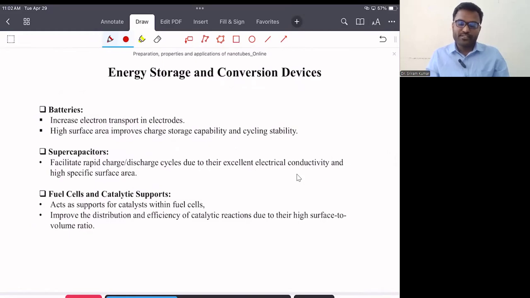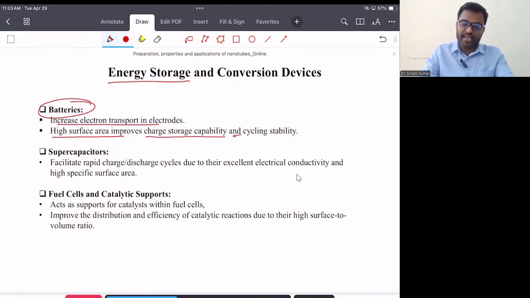So when you think about energy storage and conversion devices, for example, until nowadays there's a huge boost in lithium-ion batteries. Here we can use carbon nanotubes in battery applications so that we can increase the overall electron transport in the electrodes, and at the same time it has a high surface area, so that can improve the charge storage capability and the cycling stability of materials.